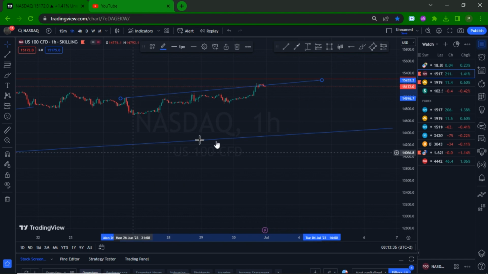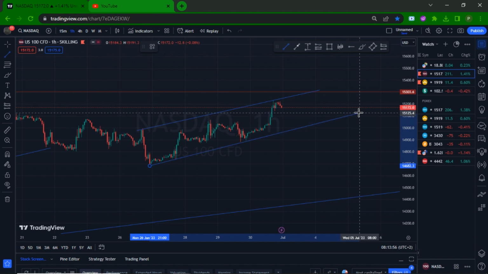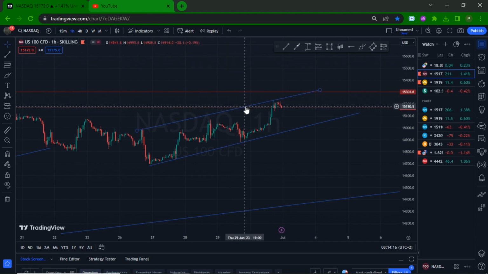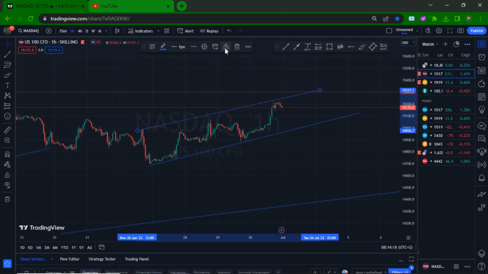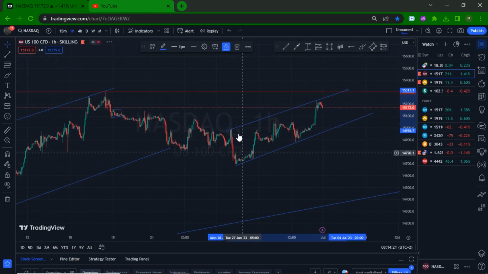So here we are on the 1 hour time frame, and now you see it makes sense: another ascending channel right there. Now, as you can see, I'm anticipating that it's going to go up and touch the top again, so it makes sense. First touch, second touch, now we're waiting for a third touch.